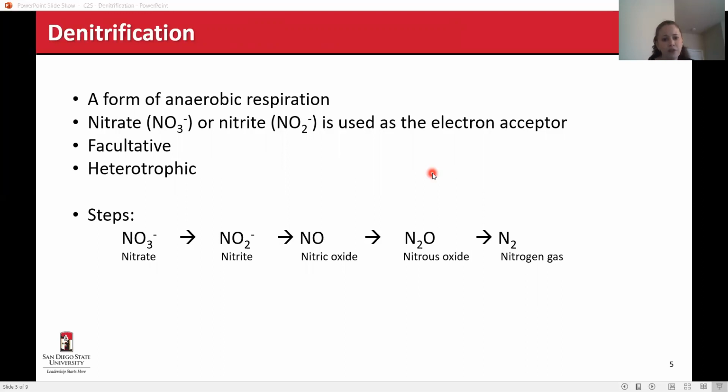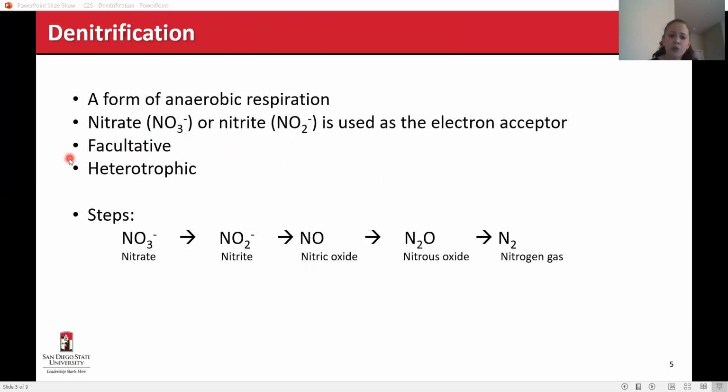This is a form of anaerobic respiration, meaning that there is no oxygen involved, but they are still breathing, if you will, and using something else as an electron acceptor. So in this case, our electron acceptors are nitrate and nitrite. Those are the typical electron acceptors for this form of anaerobic respiration.